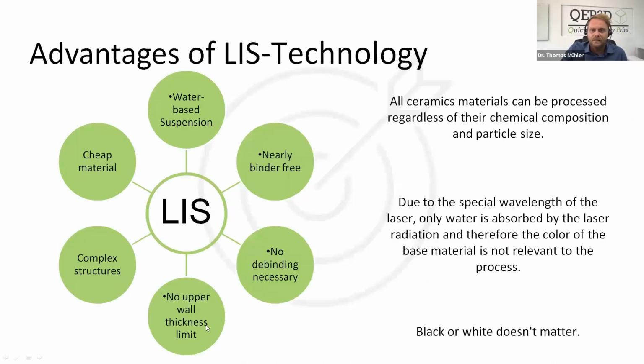So, in summary, the advantages of the LIS process and water-based ceramic suspensions: All ceramic materials can be processed regardless of their chemical composition and particle size. Water-based suspensions are almost binder-free or organic-free.